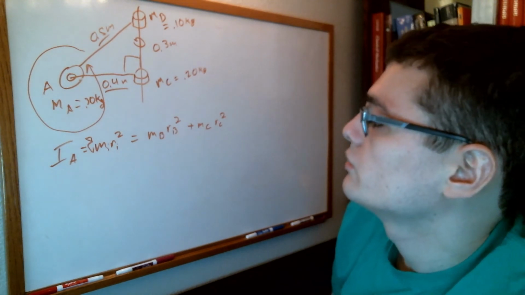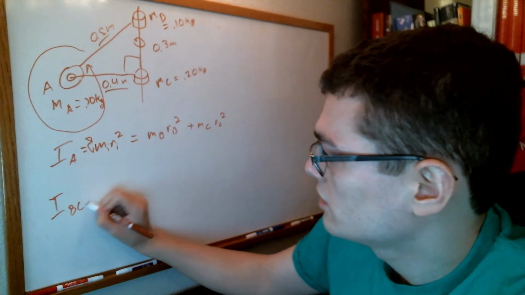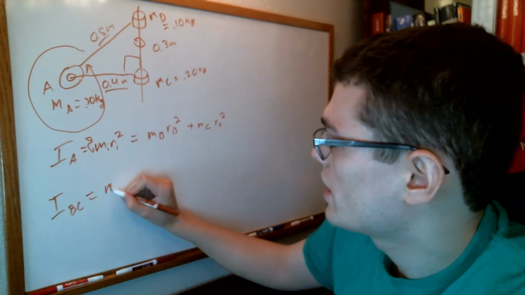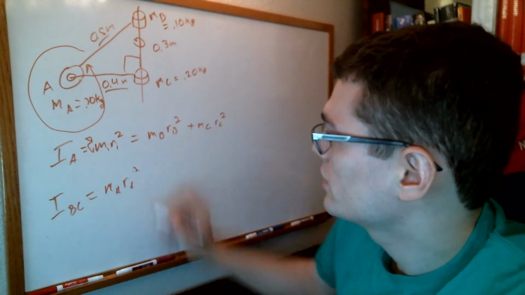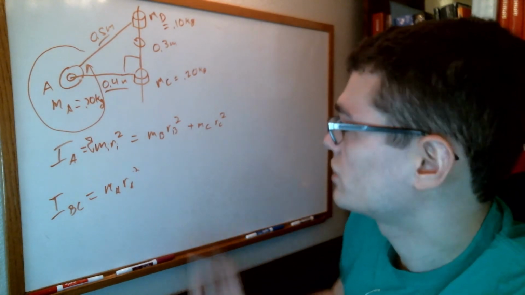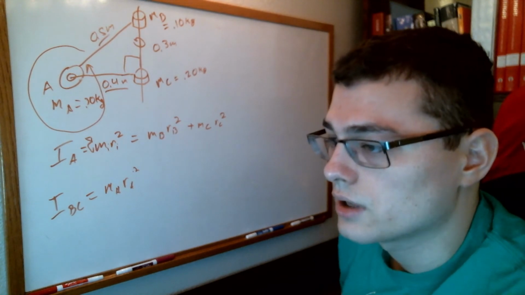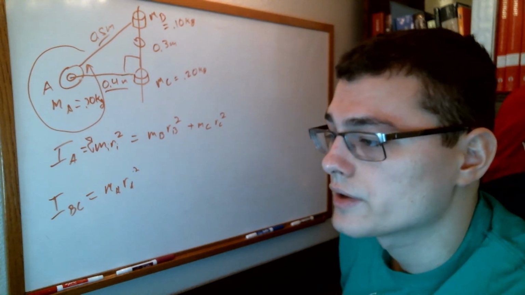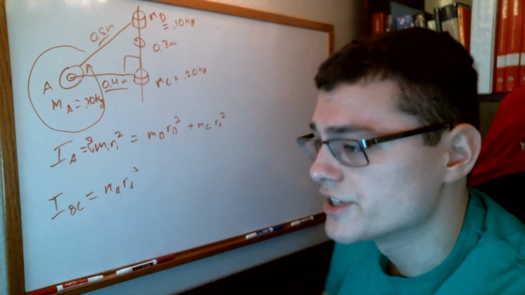So then we just use the same theorem, and we say that I_BC is going to be equal to m_A r_A squared, in which case r_A is going to be equal to r_C, and then this will just yield your moment of inertia for I_BC.